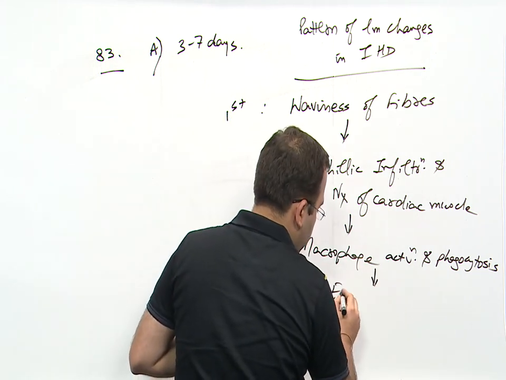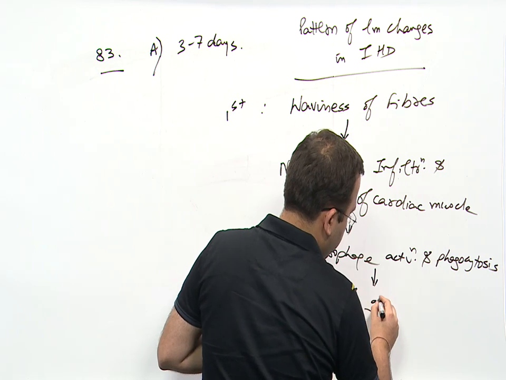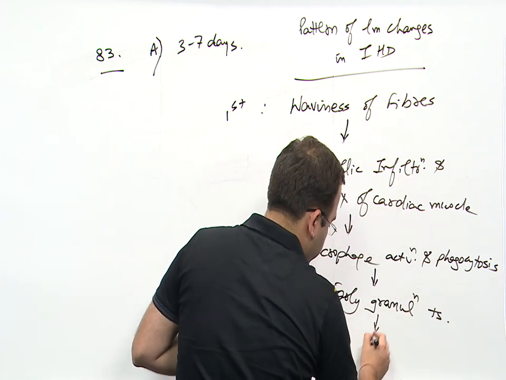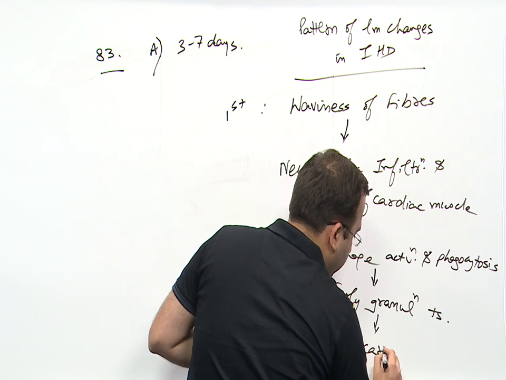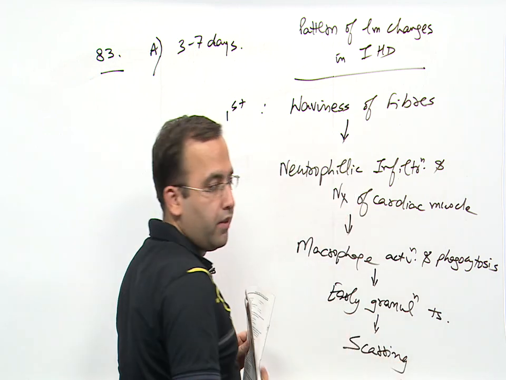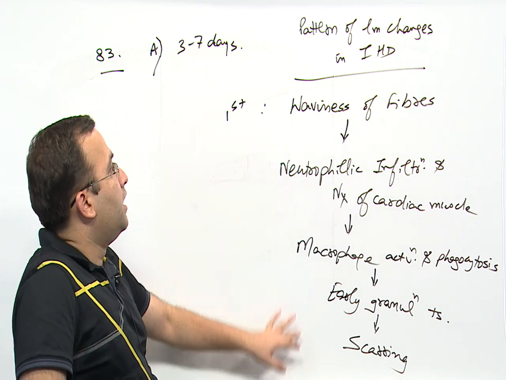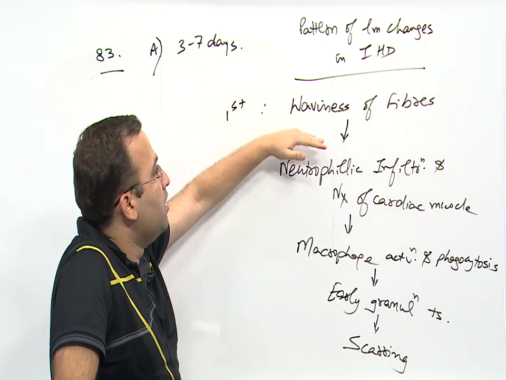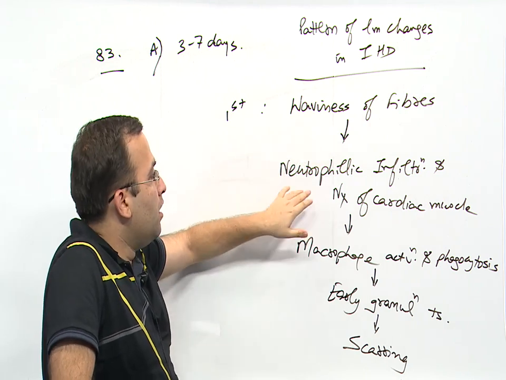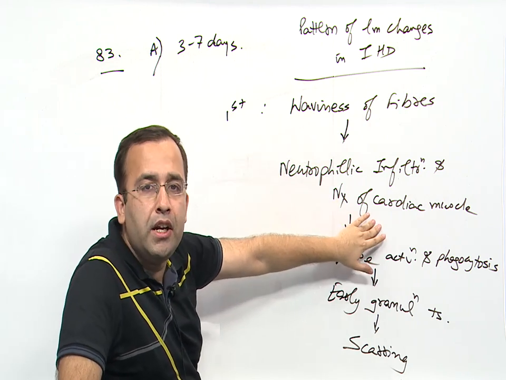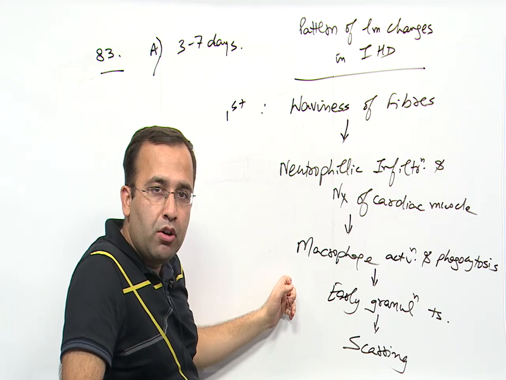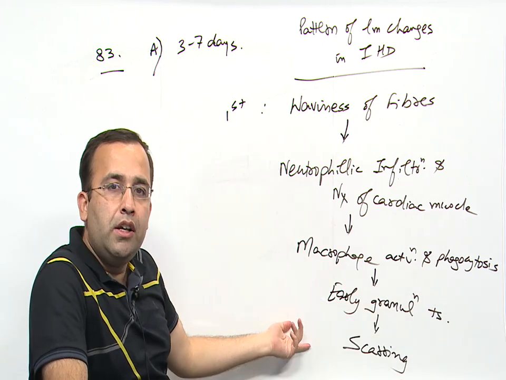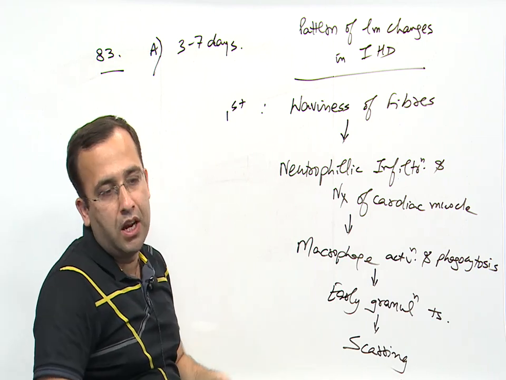Next, early granulation tissue formation, followed by scarring. So this is the pattern of light microscopic changes: waviness of fibers, neutrophilic infiltration and necrosis, macrophage activation and phagocytosis, early granulation tissue formation, scarring.